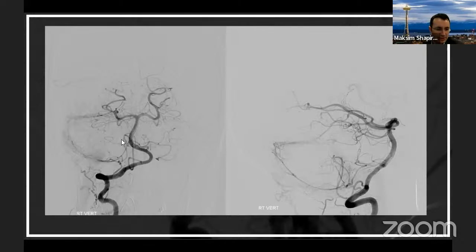It's also a topic we can discuss, but you can see contributions from either the PICA or the posterior meningeal arteries. The lesion is really in the dura, and that's the important part, even though there may be contributions from SCA, PICAs, or other intracranial brain arteries.